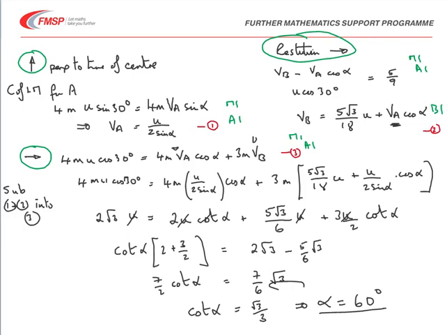And then we had method marks and answer marks, and finally 2 A marks for getting the final expression for alpha. I think it was M1 and A1 for the substitution, and then a final A mark at the end for alpha equal to 60 degrees. So 10 marks there, so it was never going to be a straightforward question to answer.